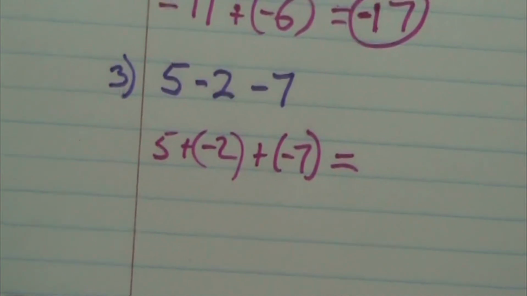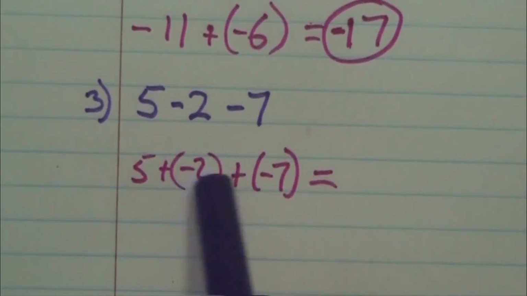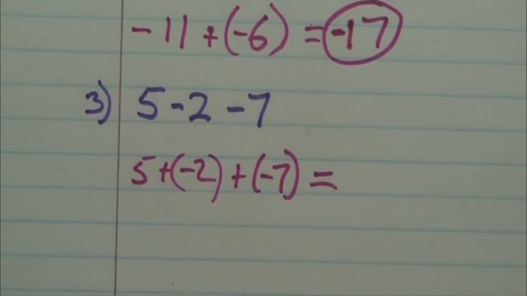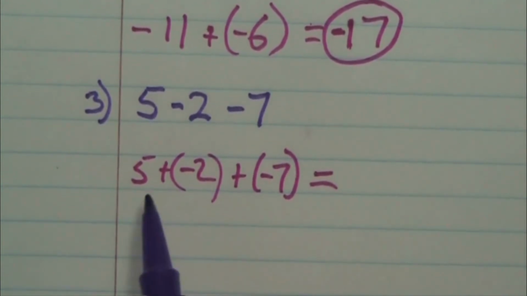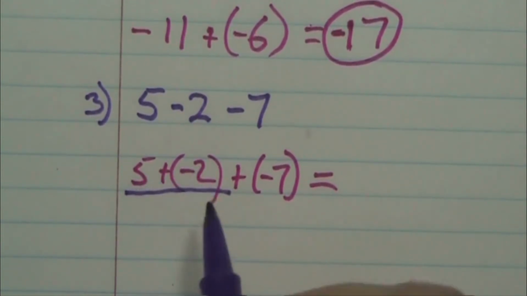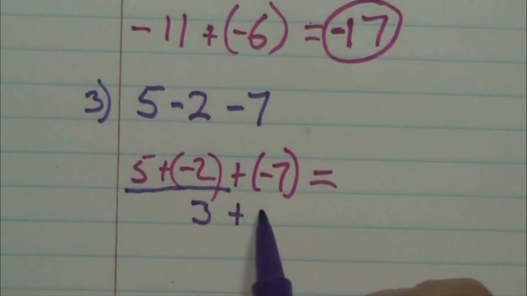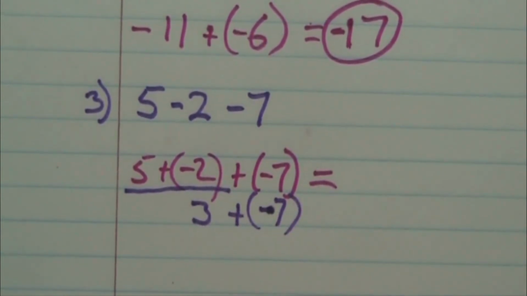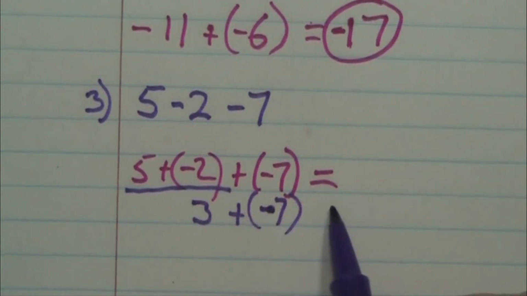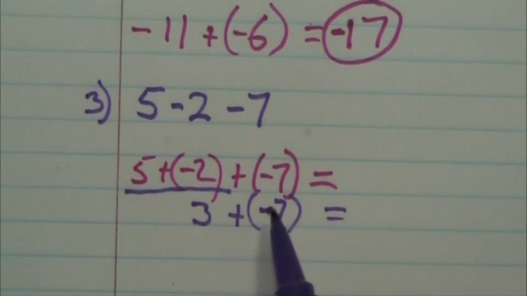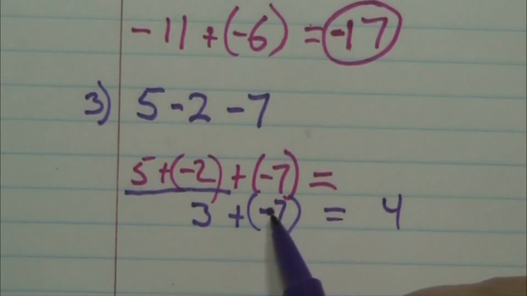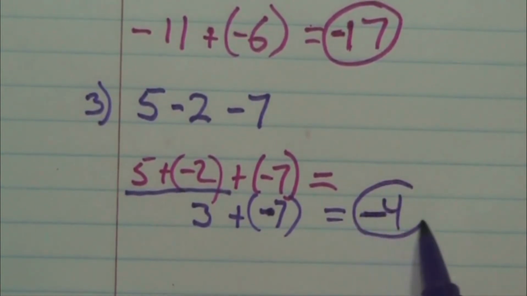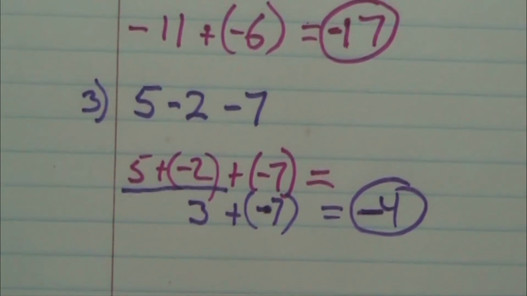And if I go left to right, you could add up the negatives if you want to, then subtract positive 5. Or, if you'd like, you could just say, oh wait, these two right here make 3. 5 and negative 2 makes 3. And then you have 3 and negative 7. 3 positives, 7 negatives. Subtract it. 7 take away 3 is 4. There's definitely more negative. Negative 4.